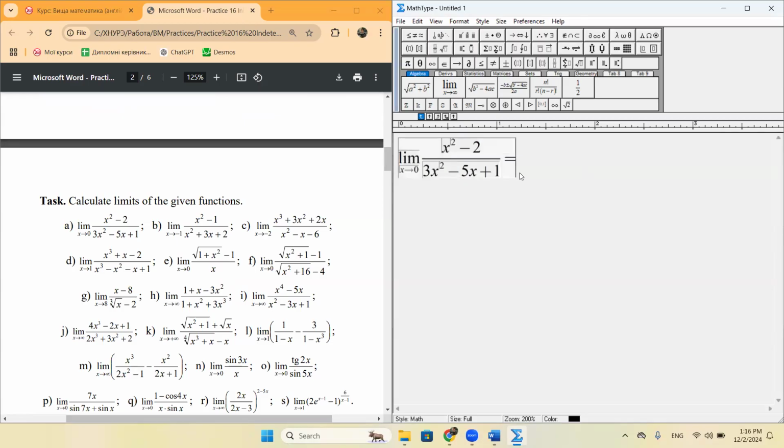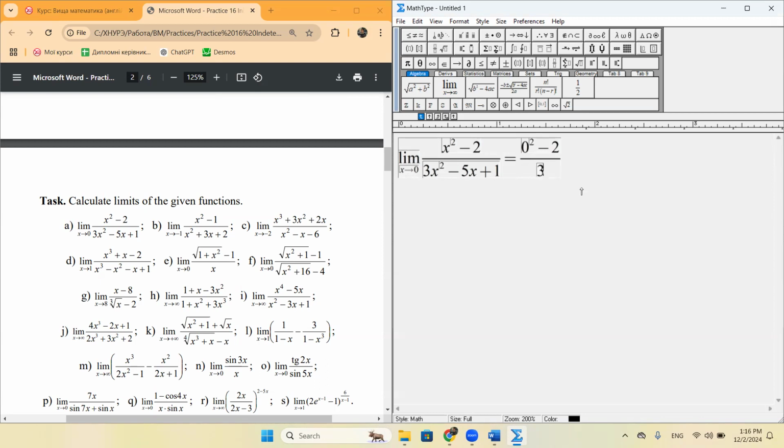In this example, always when we calculate limits, we substitute the value instead of x. So if we substitute x here, what will we receive? Minus 2 in the numerator and 1 in the denominator. So basically it means that there are no indeterminate forms in this case.